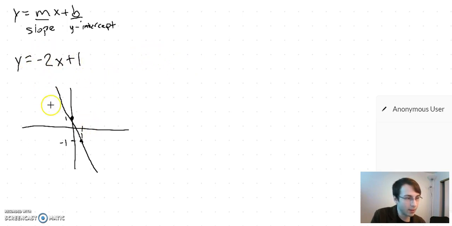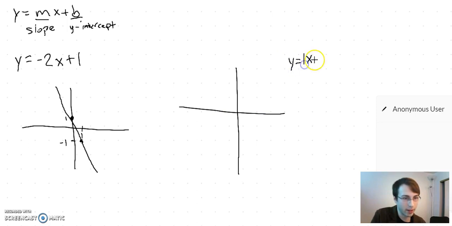So let's just draw some lines with a bunch of different slopes. We'll do another graph. We'll just make it go through the origin, a y-intercept of 0. So the line y equals x, that's like y equals 1x plus 0. So the slope, you'll start at 0, and then for every time you go over 1, you just go up 1.